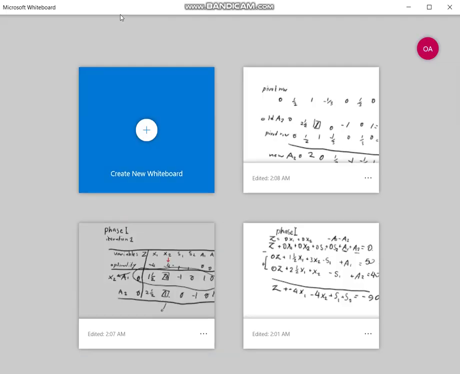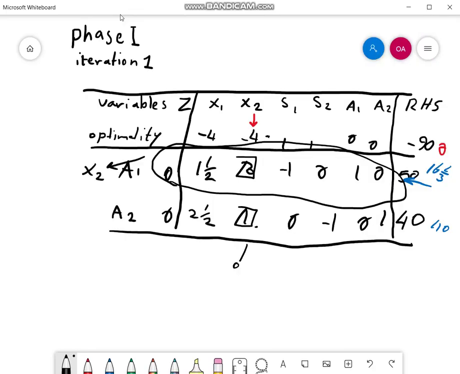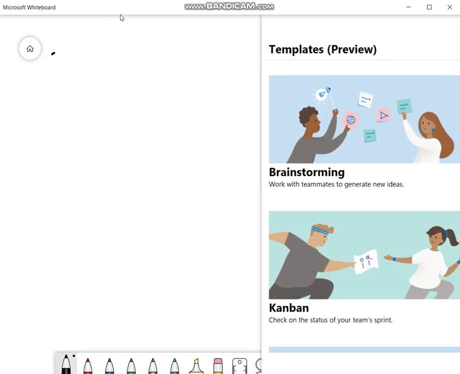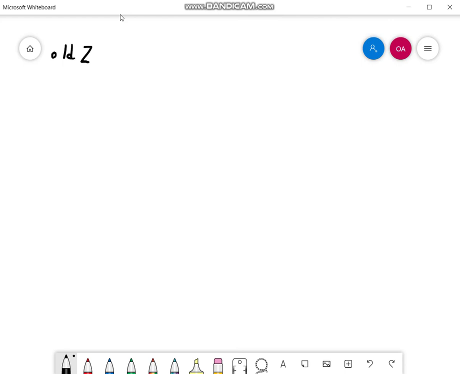Then I'm gonna change this minus 4, so I'm gonna multiply the pivot row, after dividing it by 3, by 4 and then add them together. So here my old z, so I put it as it is: 1, minus 4, minus 4, 1, 1, 0, 0, minus 90. Then we have the pivot row multiplied by 4.